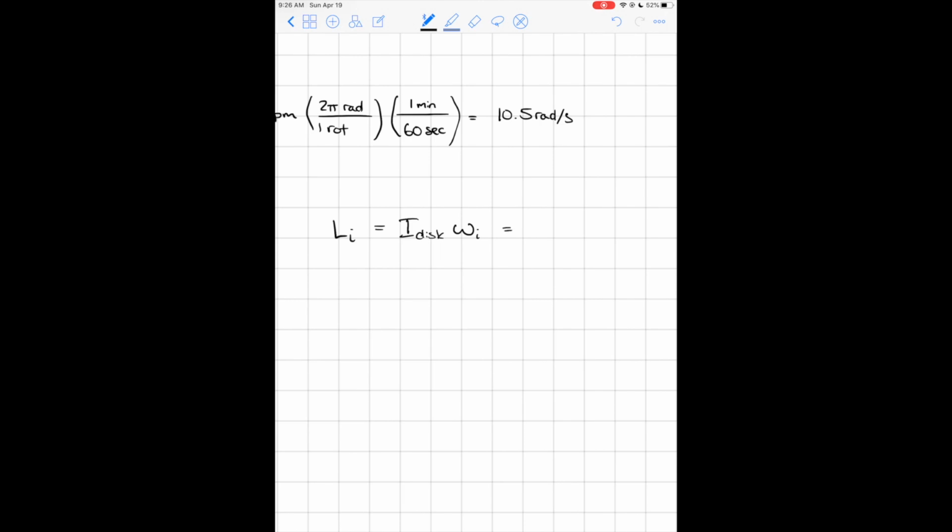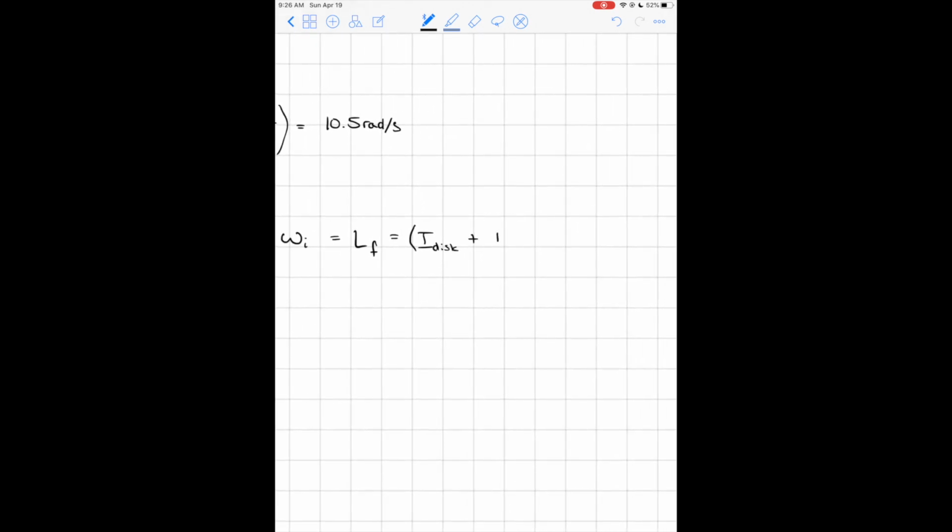So now I have L_i equal to L_f, which is now I of the disk plus I of my blocks, let's call them blocks, times the shared omega f.